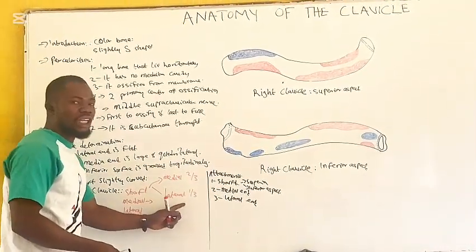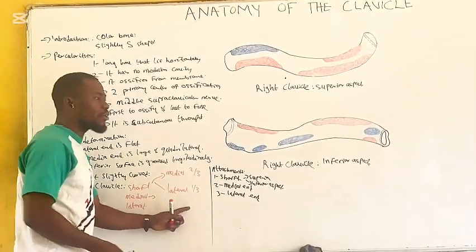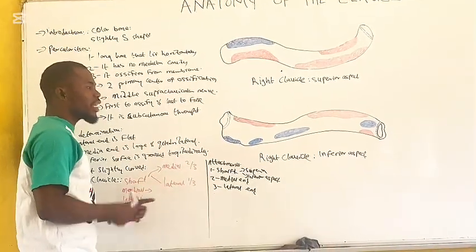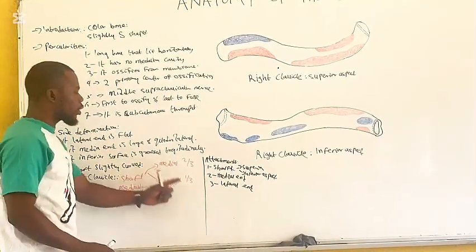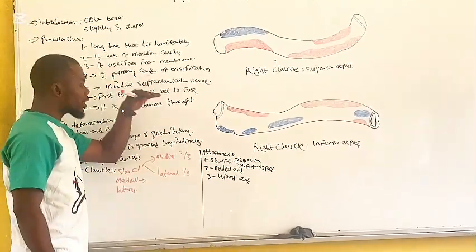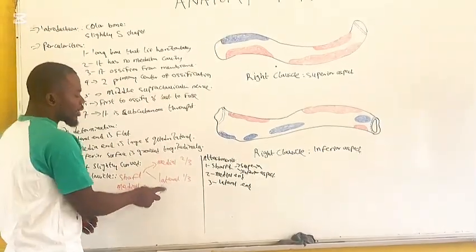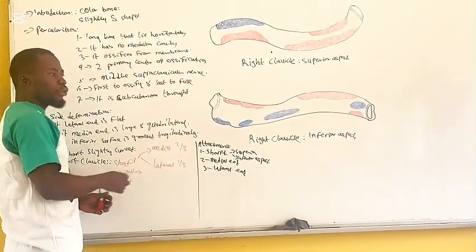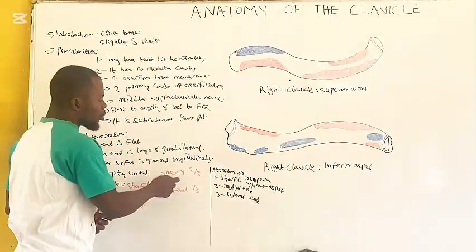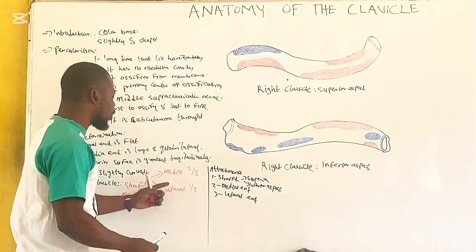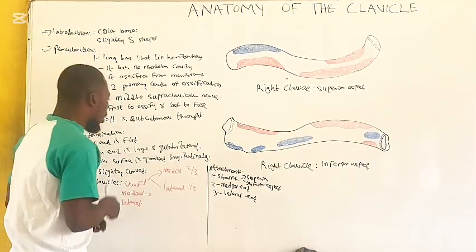The lateral 1/3 of the shaft is flat from above downward, and it has 2 surfaces and 2 borders. The surfaces are the superior surface and the inferior surface, whereas the borders are the anterior border and the posterior border. The anterior border is concave forward and the posterior border is convex backward.